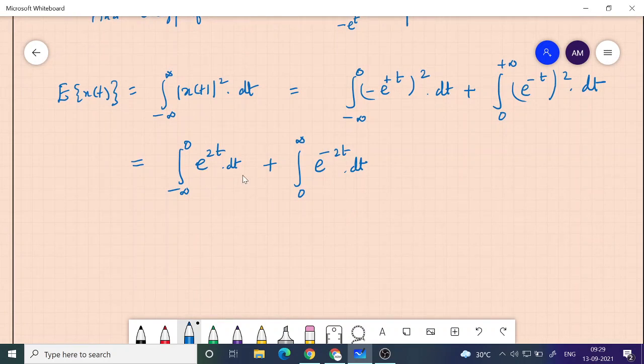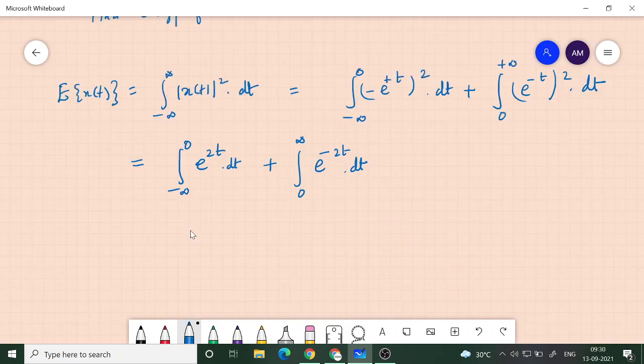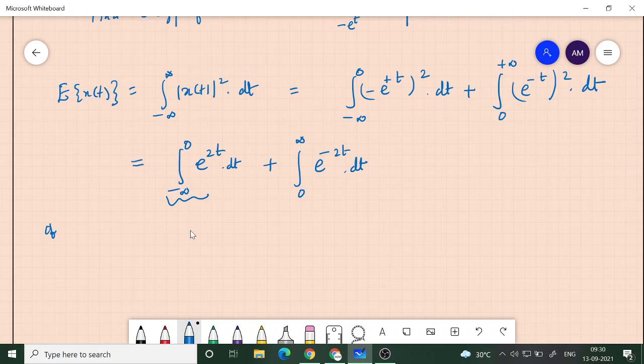Now if you do a transformation for the first integral, putting t equal to minus u, you will see that both terms are going to be the same. So if you want, you can do that. If you take u equal to minus t, then dt is equal to minus du, and t is equal to minus u.